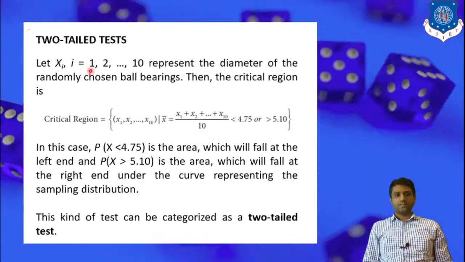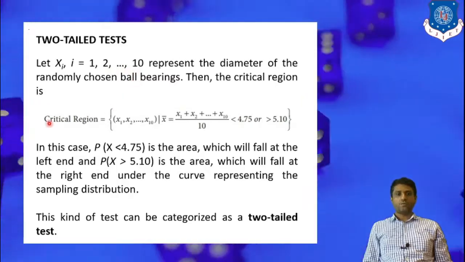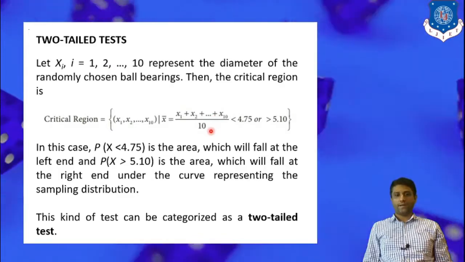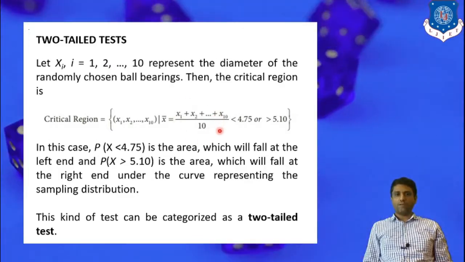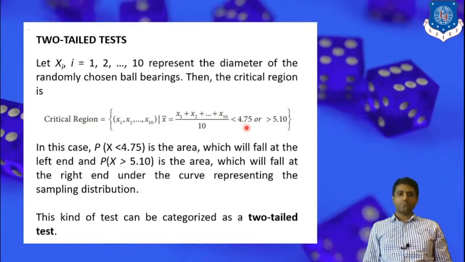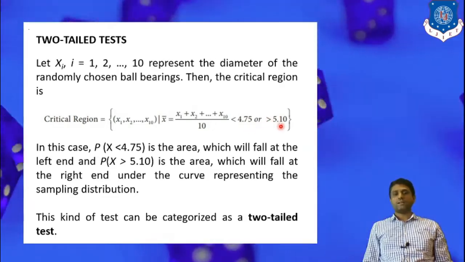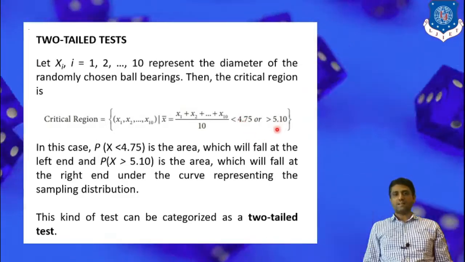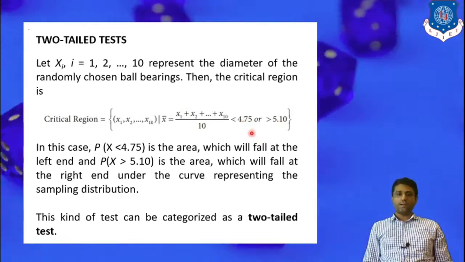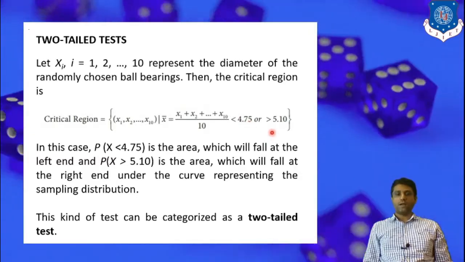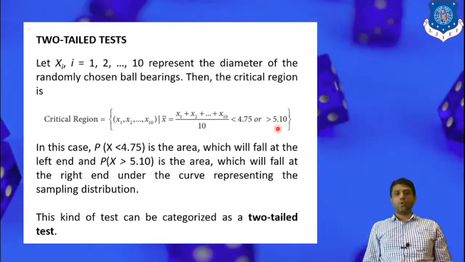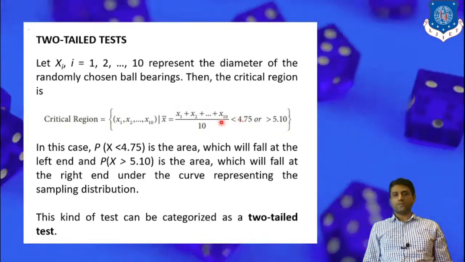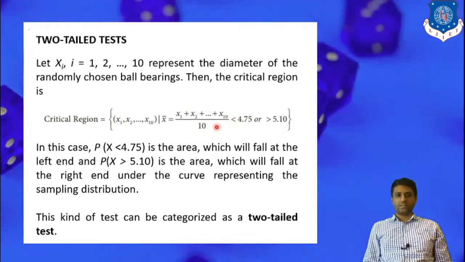We have to find the average, x1, x2 up to x10 divided by 10. Now if this value is less than 4.75 or greater than 5.10, where these are the diameters of the ball bearing, then it produces damage. So when it is less than 4.75, our null hypothesis is rejected.